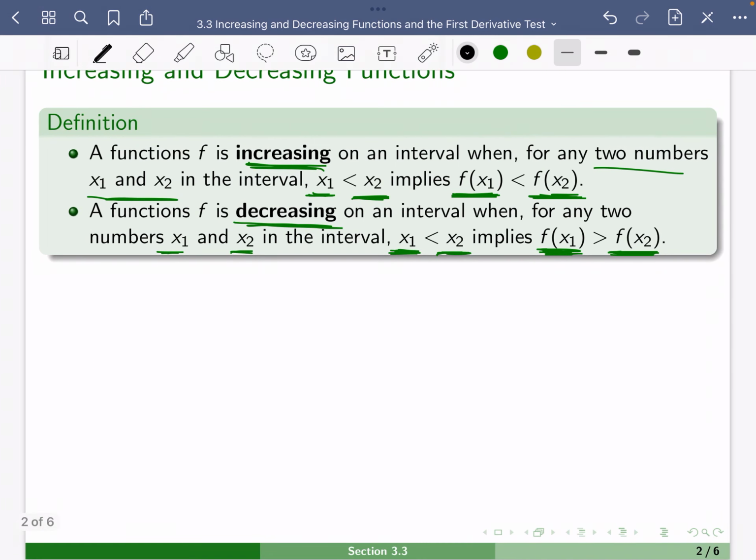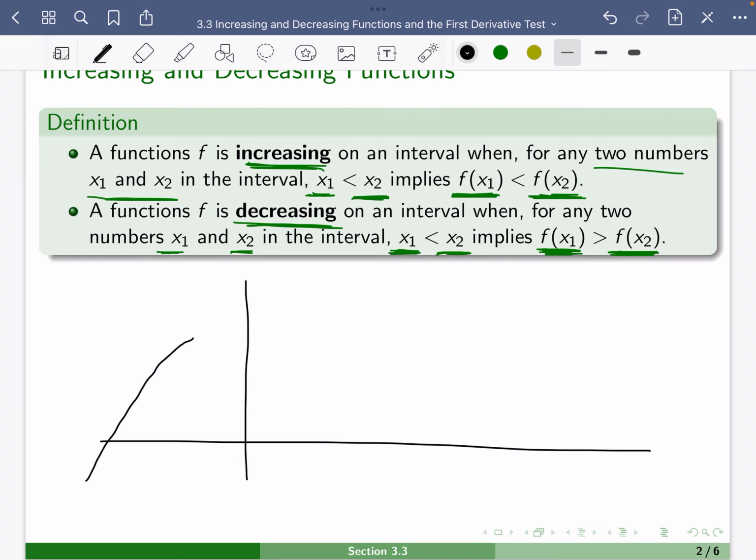So let me draw a picture of a graph here really quickly. And let's say we have something like this. So maybe this is -1.